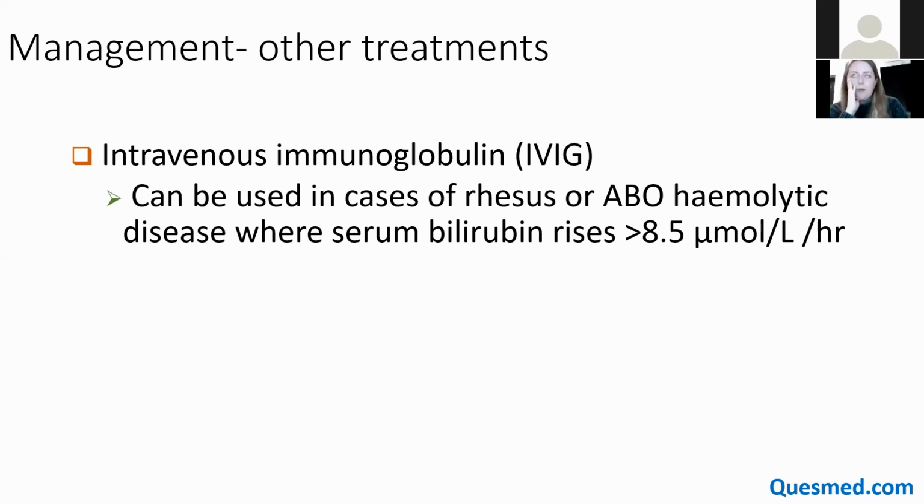So you might give it whilst the baby's receiving phototherapy or whilst they're having an exchange transfusion. You probably wait until after if you were going to do an exchange transfusion, but it's more based on the rapidness of the rise rather than where the bilirubin level falls on the treatment graph, if that makes sense. I hope that's answered your question.